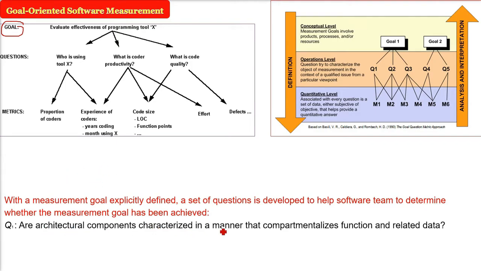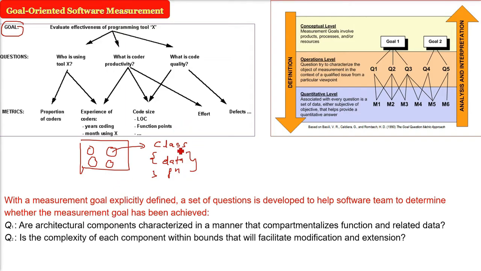For example, the question is, are architectural components characterized in a manner that compartmentalizes function and related data? That is, if you have a component, say a class or simple module, do we have the function and data which are related so that we can compartmentalize, we can modularize it? Okay, these architectural components, are they like that? So they are modular so that we can be extending it.